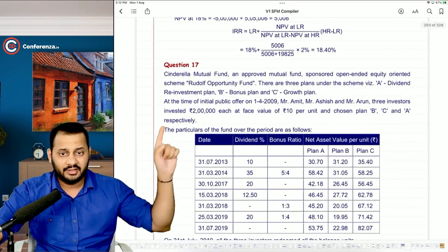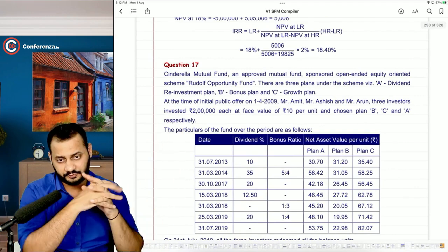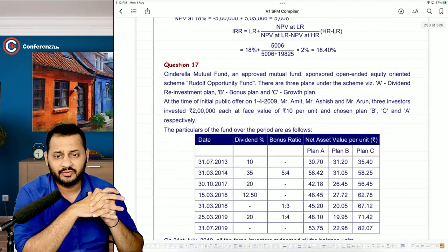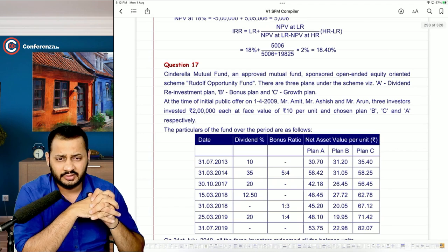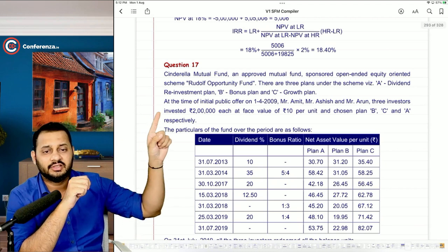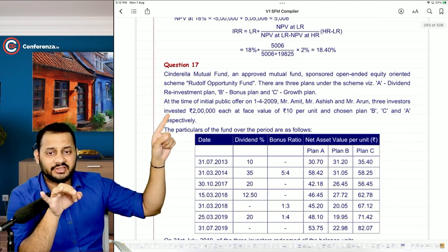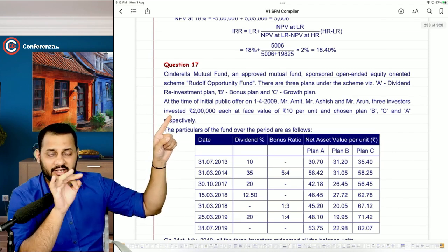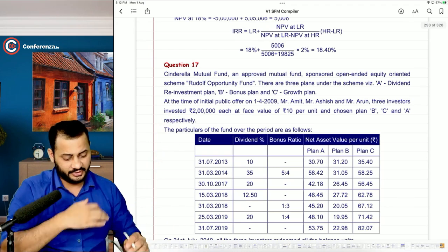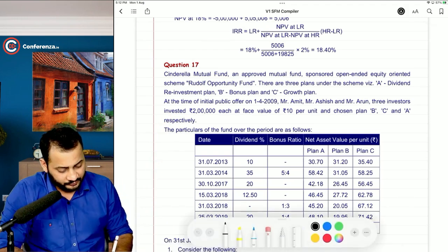Okay. At the time of initial public offer on 1/4/2009, Mr. Amit, Mr. Ashish and Mr. Arun, there are 3 direct investors, invested 2 lakh rupees each at a face value of 10 rupees per unit. So at that time they invested at the face value.